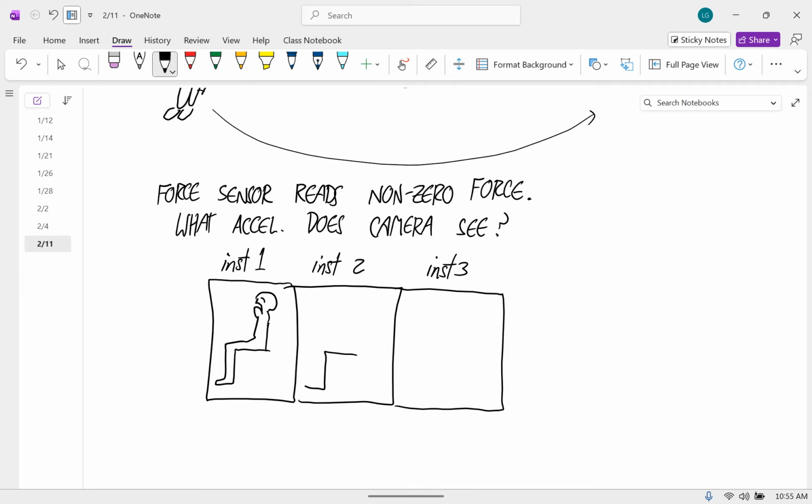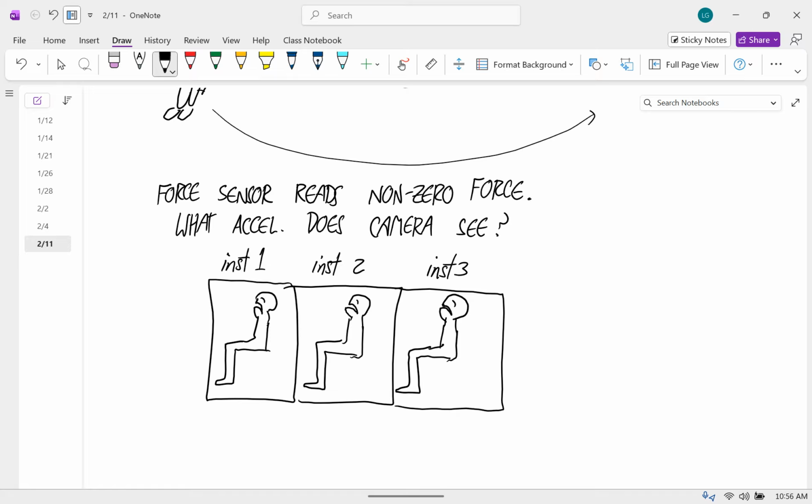At instant 2, this person's screaming, the camera can't tell why. Did you hear the word throw up? Yeah, the camera doesn't care about throw up. It only cares about the motion of this person's center of mass. I guess that might change it a little.